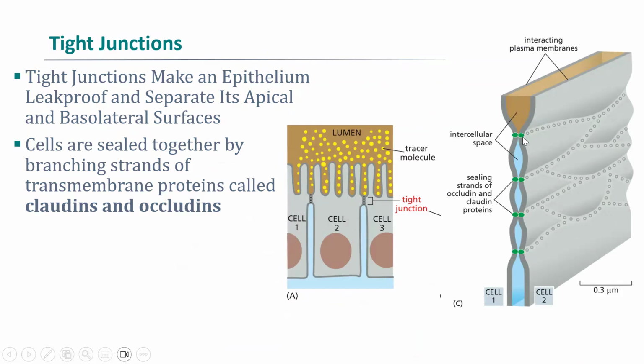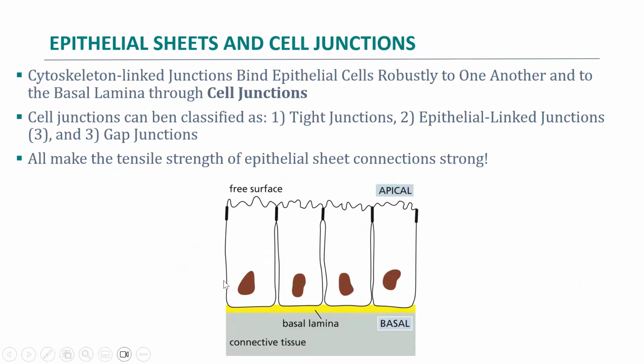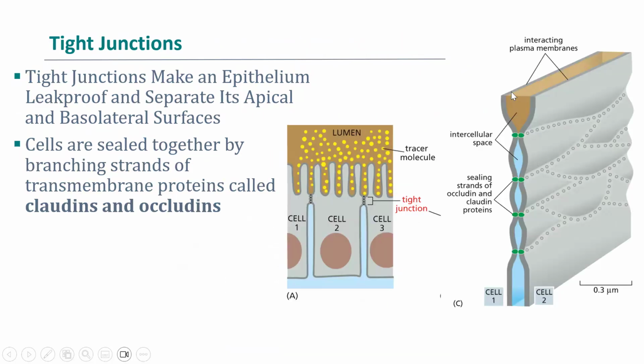So we're basolaterally sealing together, and we're all agreeing, okay, we're at the base, we're attached to a lamina, so we need to attach down here collectively together. And we also need to attach up here at the apical surface together. And how we do that is through our tight junctions.